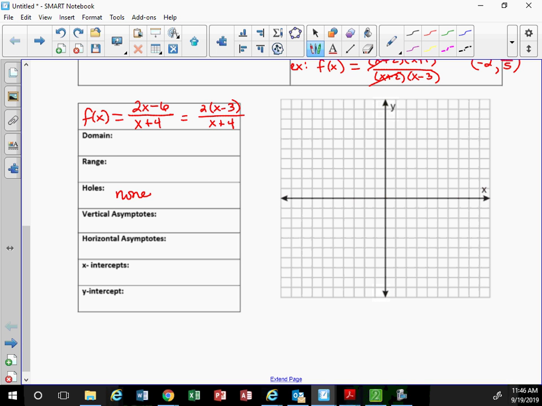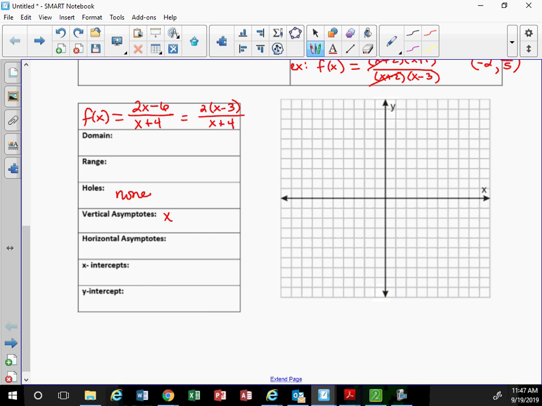Where is the vertical asymptote? The vertical asymptote. -4, yeah. Hey guys, when you tell me asymptotes, don't just say, oh, -4. What does that really mean? What's the equation of the vertical asymptote?